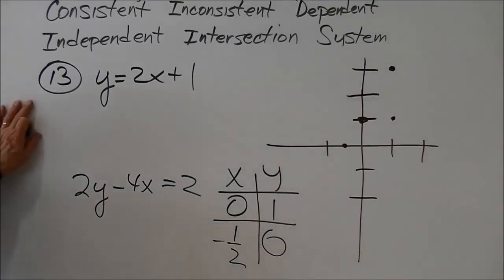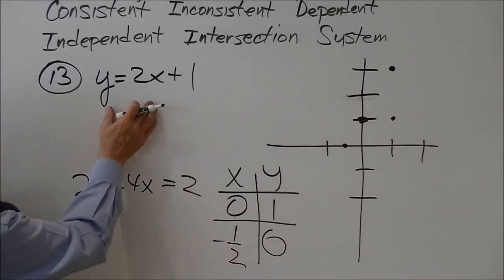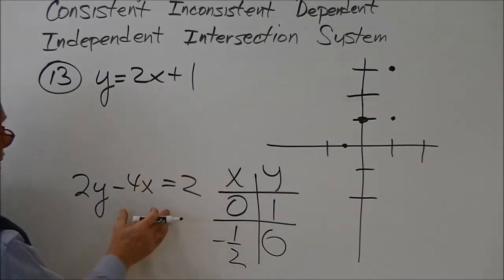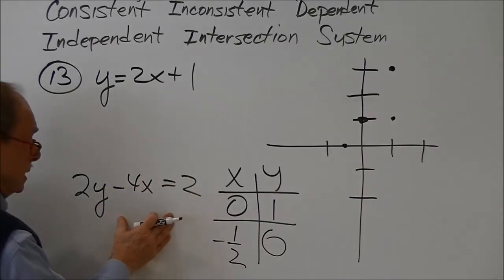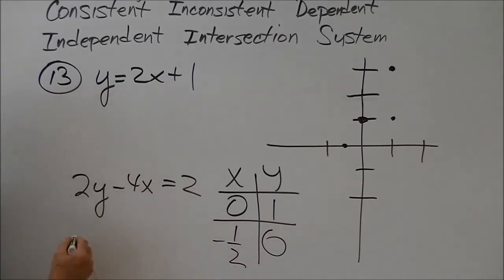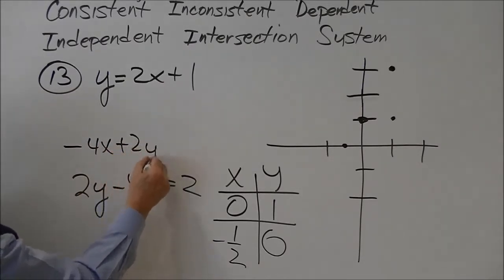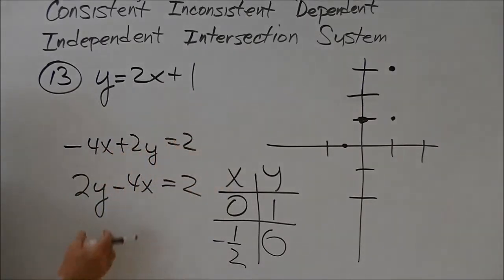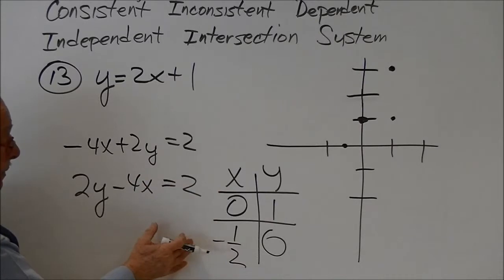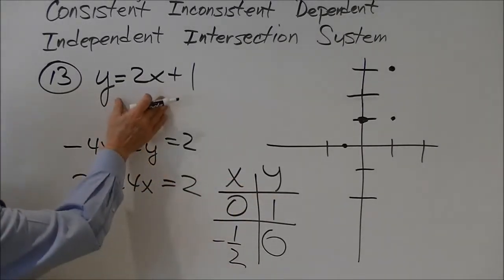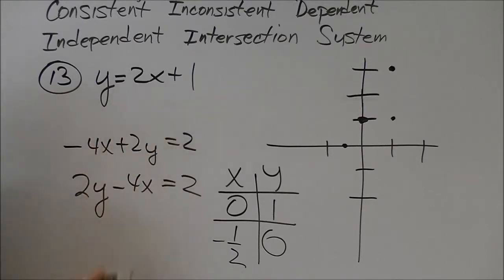Okay, in doing number 13, there's our first equation in slope-intercept form. There's our second equation. It's not quite in standard form, but you could rewrite it. What I use for this is the x and y intercept t-chart, and I'm just going to plot this from that.